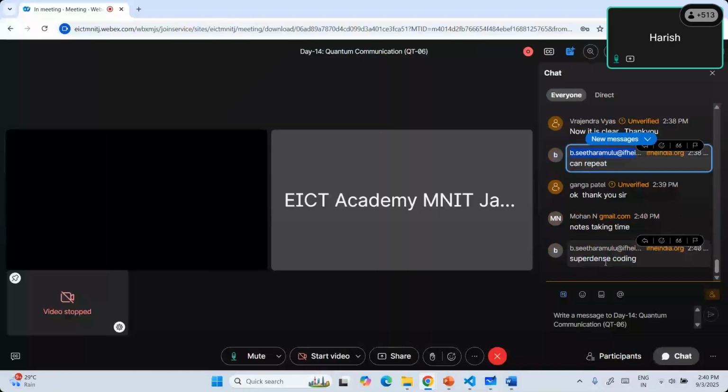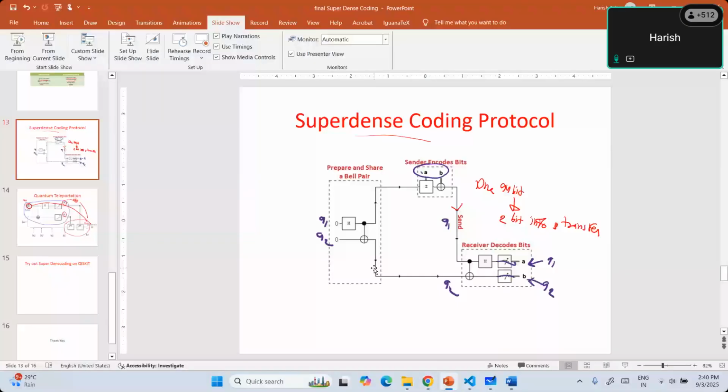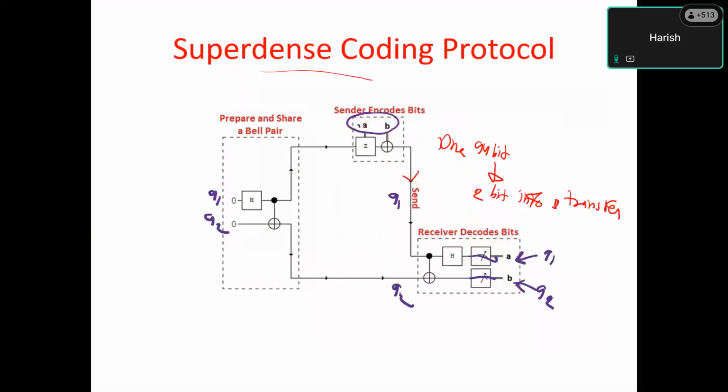Superdense coding completely, you want a recap? Okay, I will recap. In superdense coding, we wanted to send two bits of classical information A and B to Bob. We achieve this using a Bell pair, where one qubit is sent to Alice and one qubit is sent to Bob. Alice encodes the two bits A and B in Q1 by applying these two operations, and then sends Q1 to Bob.